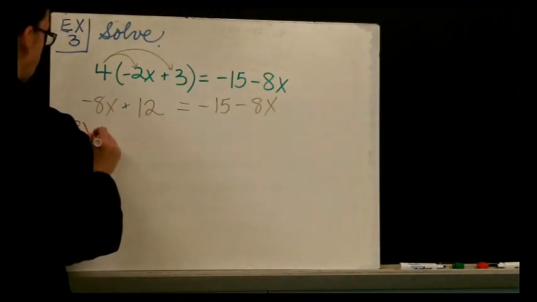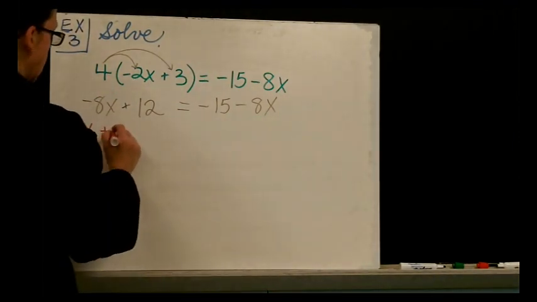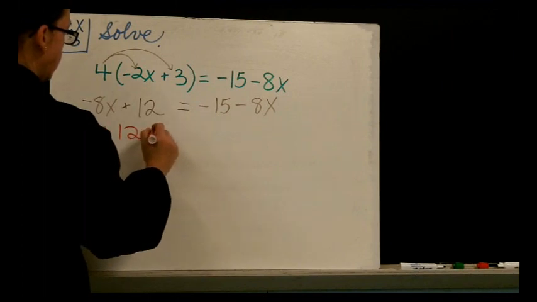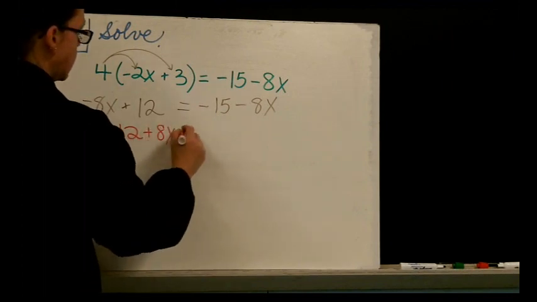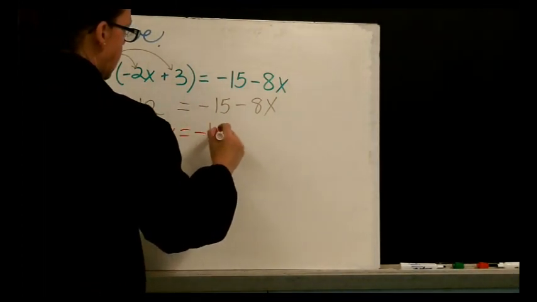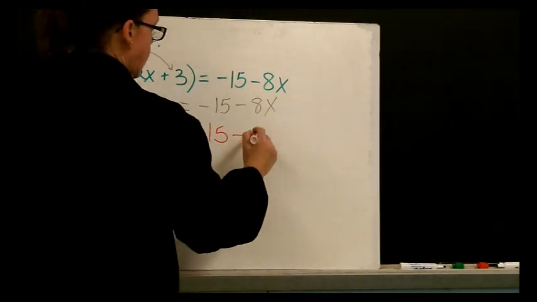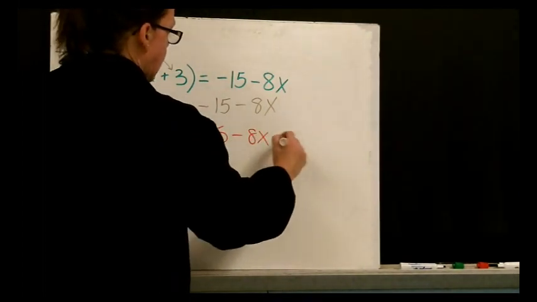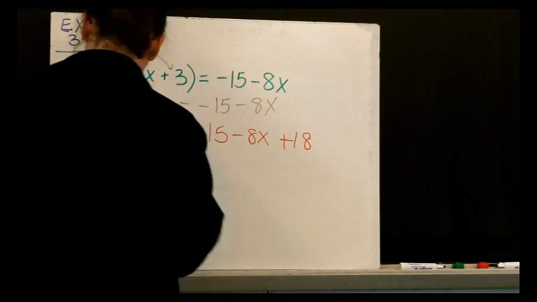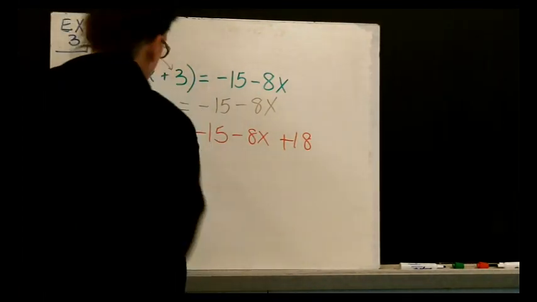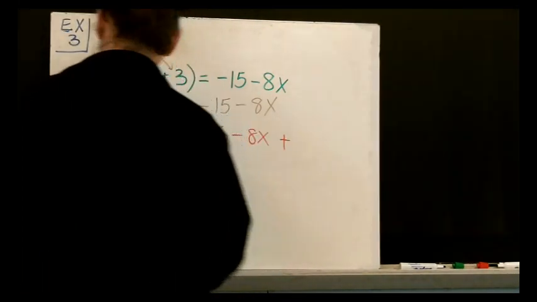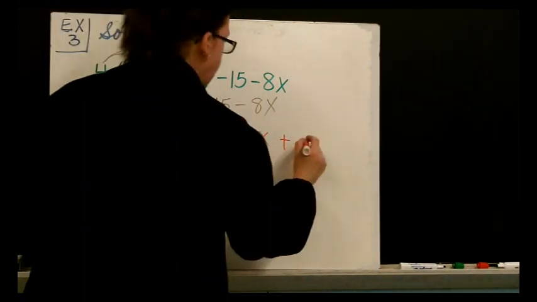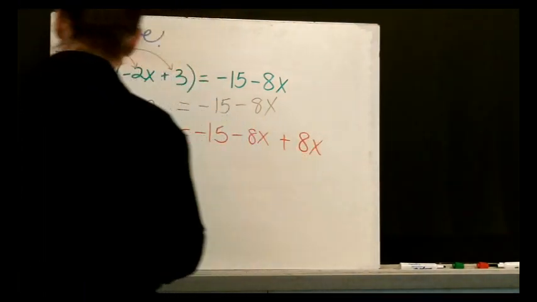So we have negative 8x plus 12 plus 8x equals negative 15 minus 8x, and then our positive 8x.